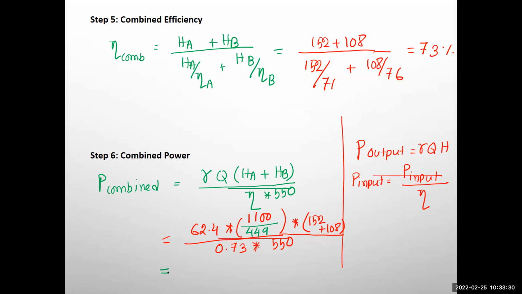So find this value and the final unit should be horsepower, right? Okay, so find this one. I will just add one more thing, that is the power input combined.